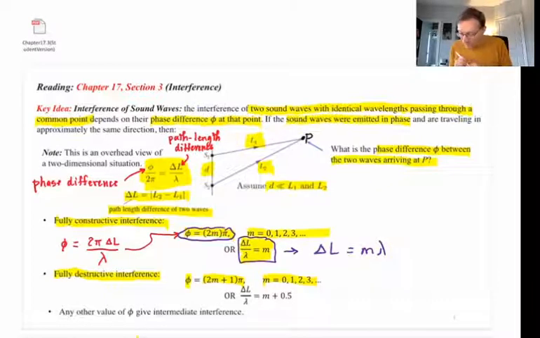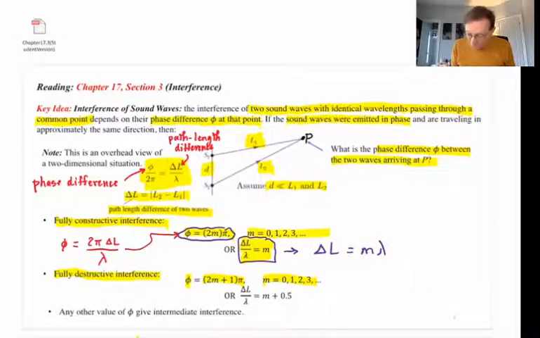If m equals 1, then phi equals 3 pi radians. If m equals 2, then phi equals 5 pi radians. So here, to get fully destructive interference, we need the phase difference phi to be an odd integer multiple of pi. Pi, 3 pi, 5 pi, 7 pi, 9 pi, dot, dot, dot. And you'll get fully destructive interference at point P.